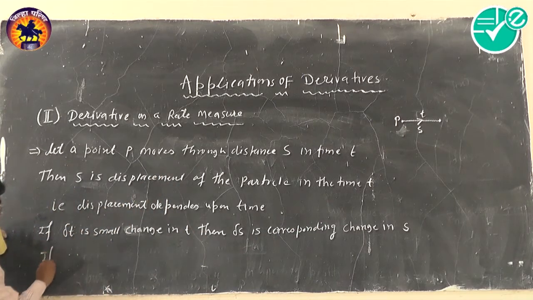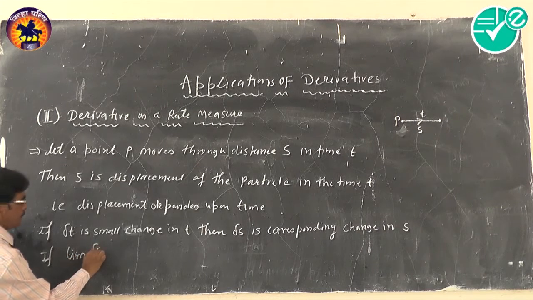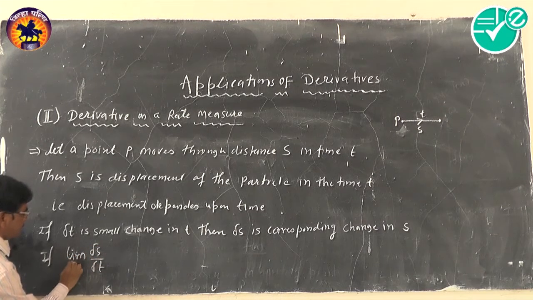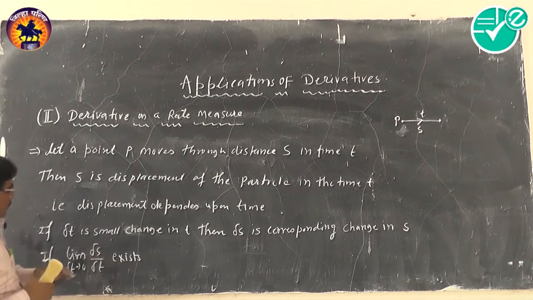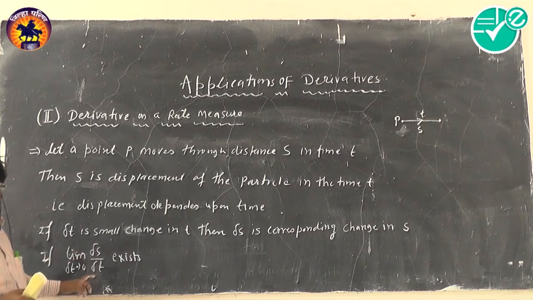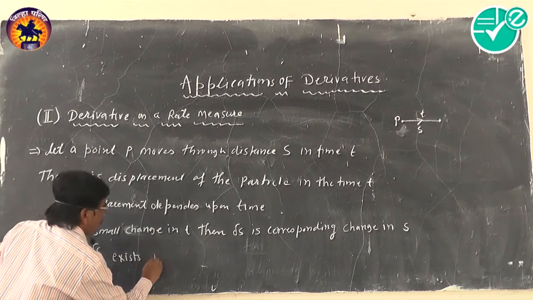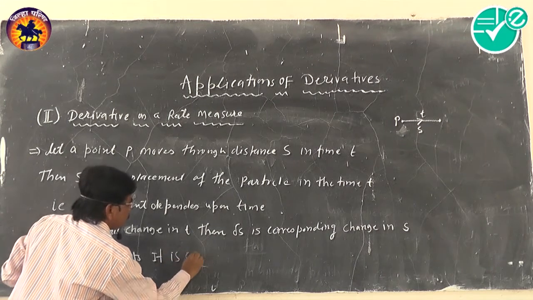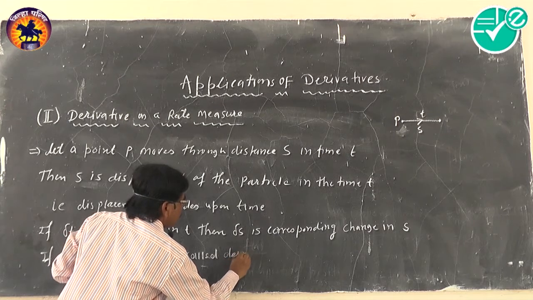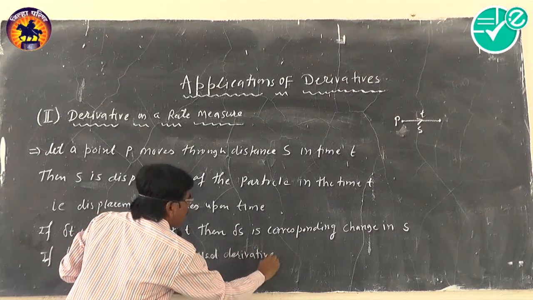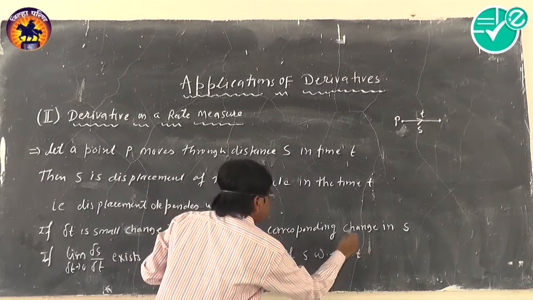If the limit of delta S upon delta t as delta t tends to 0 exists, meaning the limit of this ratio exists, it is called the derivative of S with respect to t.